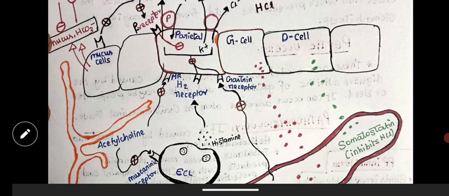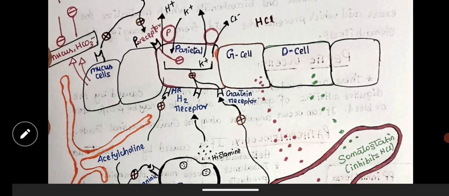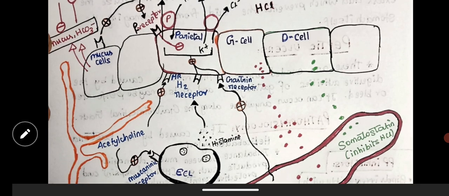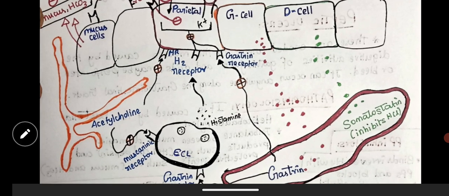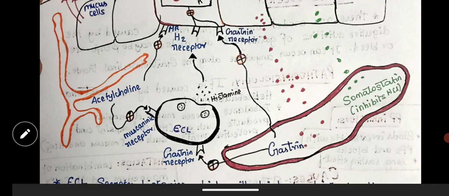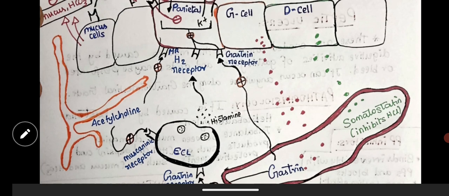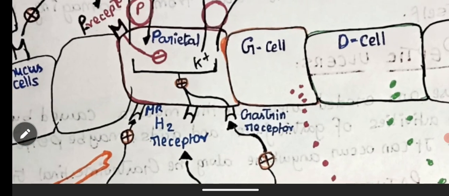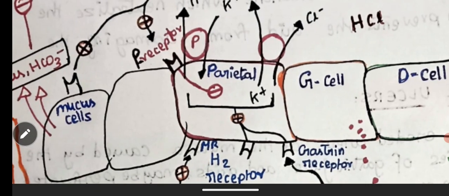Now we'll see how this process is inhibited or promoted. First, enterochromaffin cells. These cells secrete histamine. This histamine will bind to the histamine receptor present in the parietal cells, and this will inhibit the process of HCl secretion.